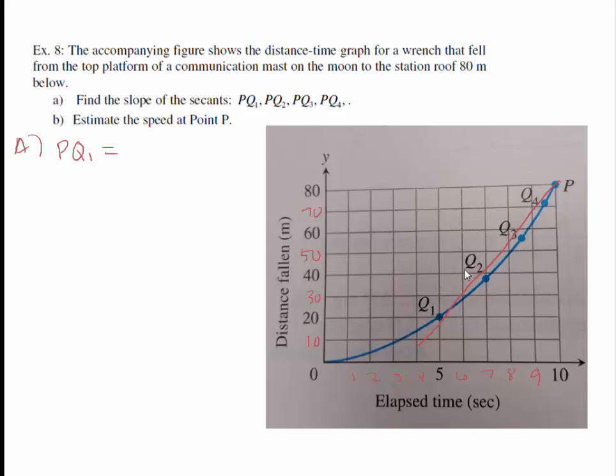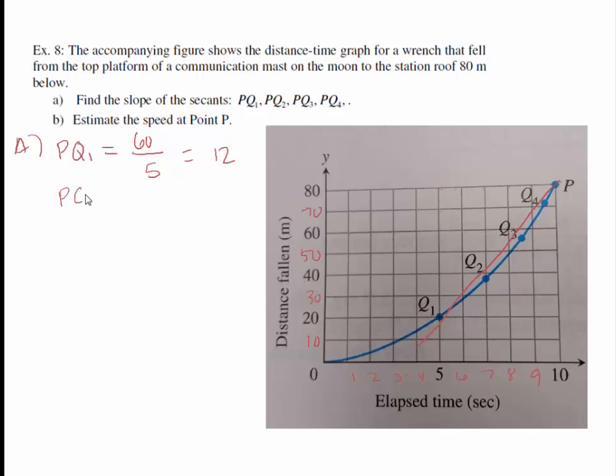Alright, so I'm just going to do rise over run. So P and Q1. So we're rising 10, 20, 30, 40, 50, 60, and running 1, 2, 3, 4, 5. So my slope between those two that are the furthest away from each other is 12.